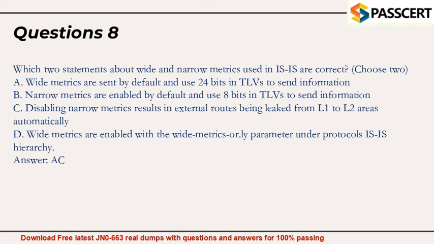C. Disabling narrow metrics results in external routes being leaked from L1 to L2 areas automatically. D. Wide metrics are enabled with the wide-metrics-only parameter under protocols isis hierarchy. Answer: A, C.